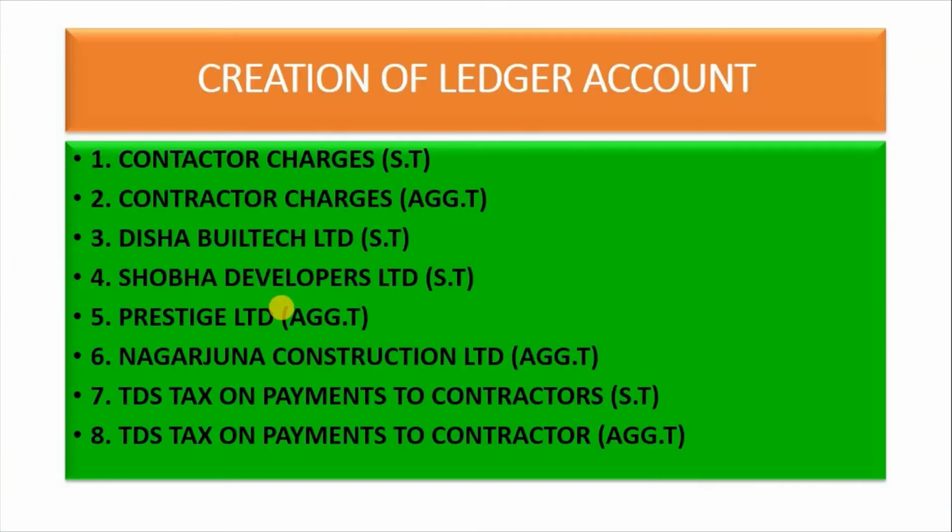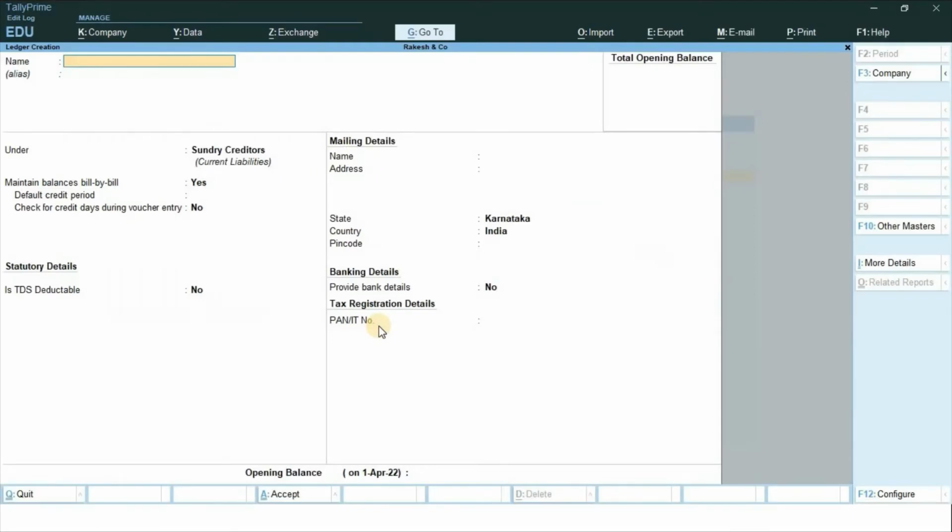Next ledger, Prestige Limited. This party belongs to aggregate of transactions. Sundry creditor.